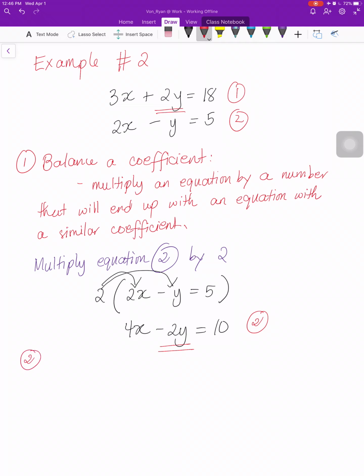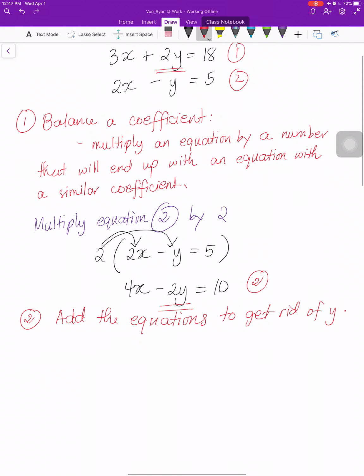In this case, since I have a positive 2y and a negative 2y, I will add the equations to get rid of y. So if I do that, we'll have 3x plus 2y equals 18, 2x minus y equals 5. I will add it.